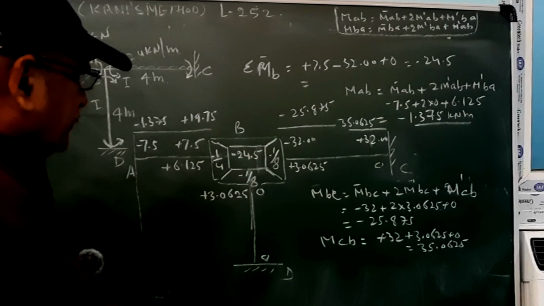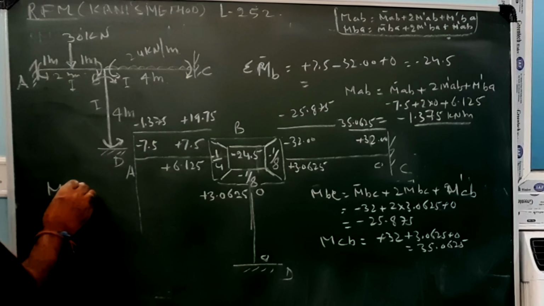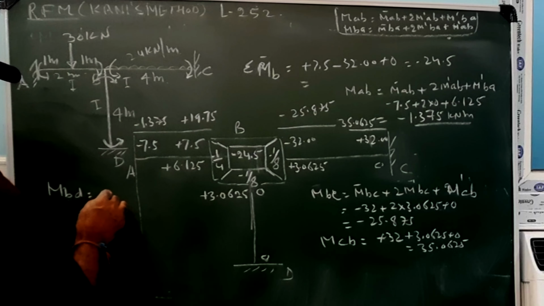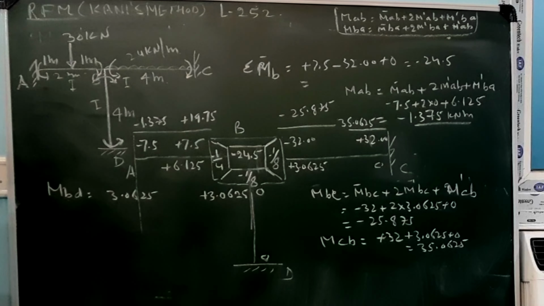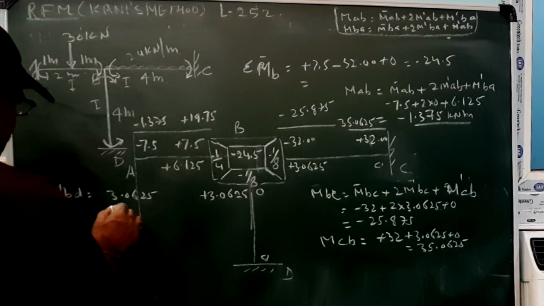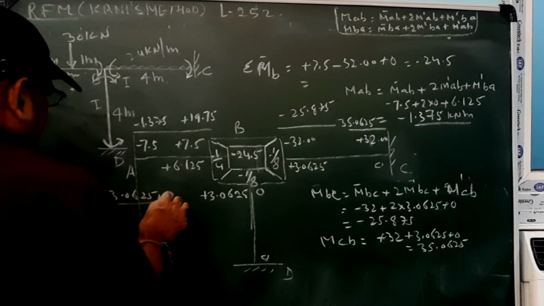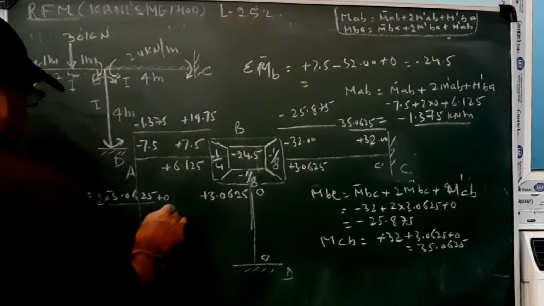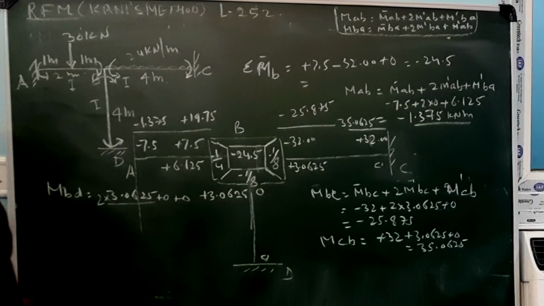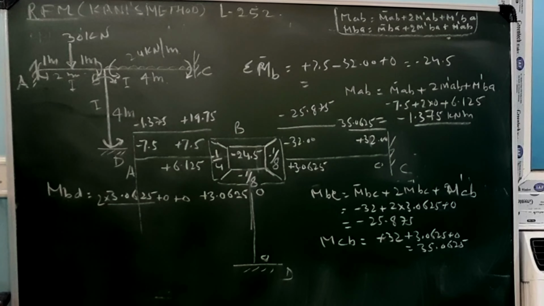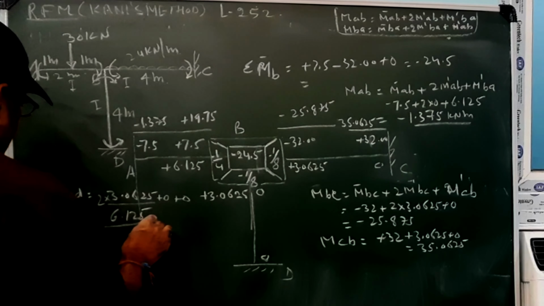And what about MBD? You can see, MBD is equal to 0 plus 3.0625 into 2, that is plus 6.125.